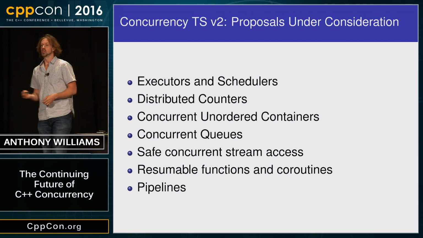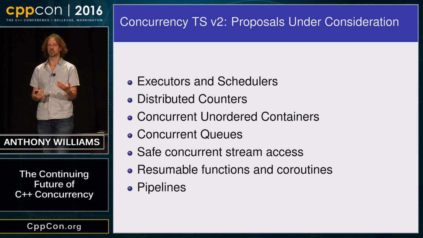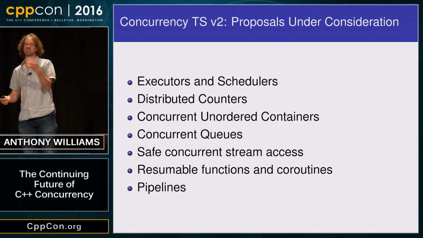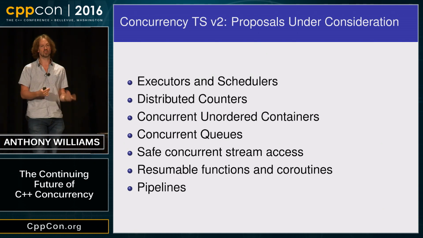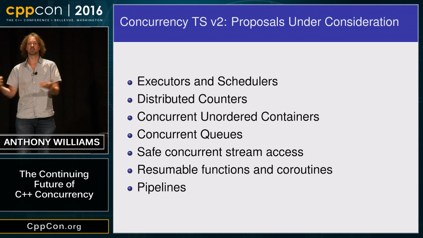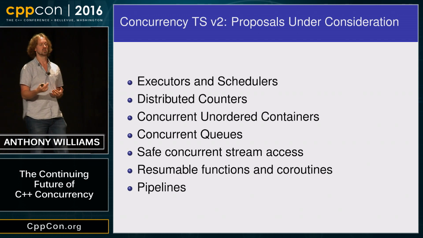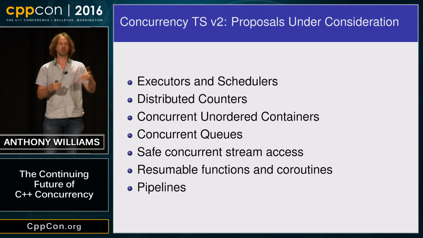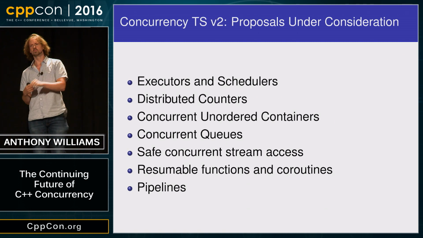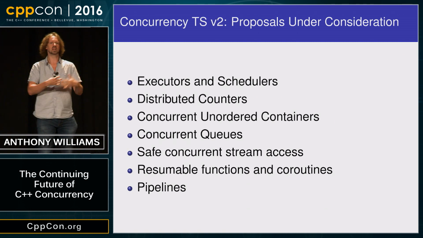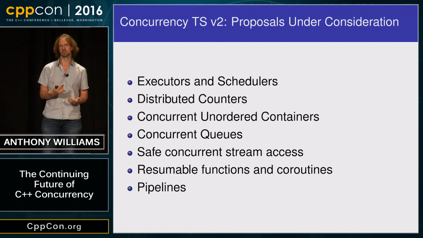Similarly, we've got concurrent queues. Now, obviously, concurrent unordered containers and concurrent queues give us basic building structures for lots of cross-thread communication. So again, it's all about you not needing to use a mutex yourself because the containers and data structures take care of it for you.